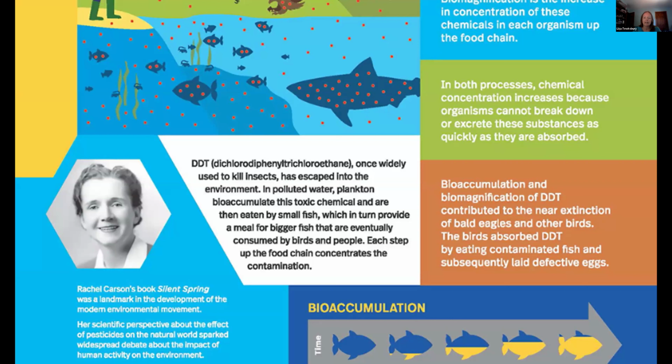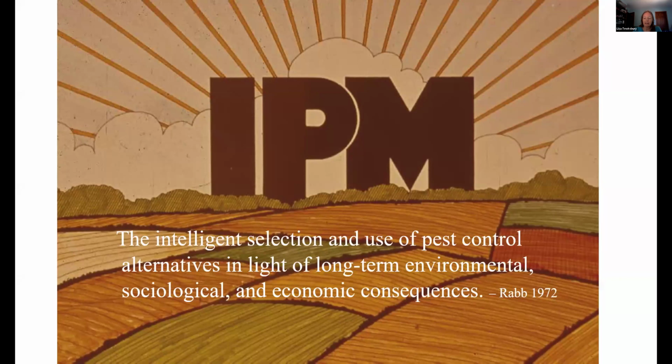So plankton keep the toxic chemical. They're eaten by small fish, which are eaten by bigger fish, and then by birds and people. So this was a real concern. And so it was soon after that, in the 1970s, that the EPA, the Environmental Protection Agency, was started to regulate chemicals. Integrated pest management had been mentioned in literature before that, but this was the real coining of the phrase.